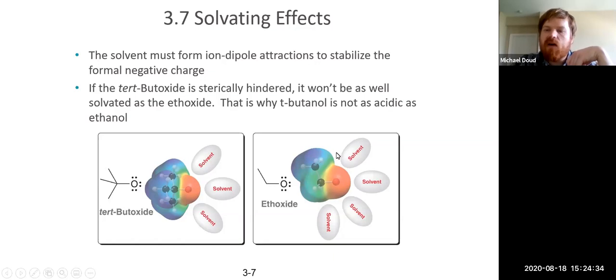Compared to ethoxide, it's lacking two methyl groups on this side, so two separate carbons are gone. That leaves another place where solvents can get closer and stabilize the negative charge on the oxygen using their partial positive charges. Because of that, tert-butanol's conjugate base is less stable, and so tert-butanol itself is less acidic.